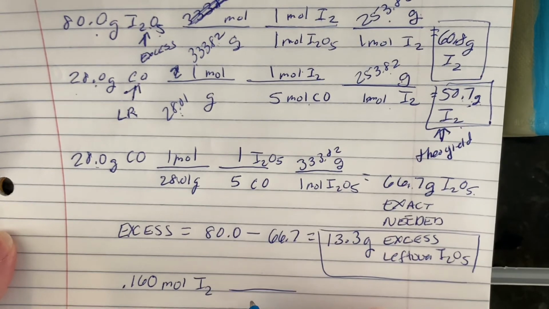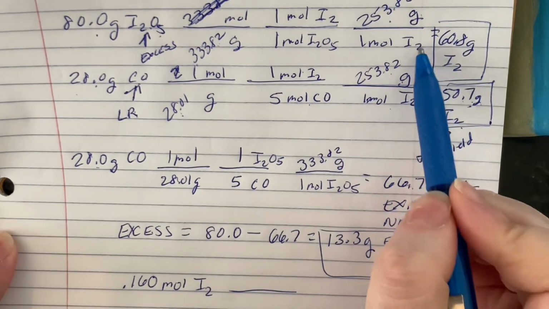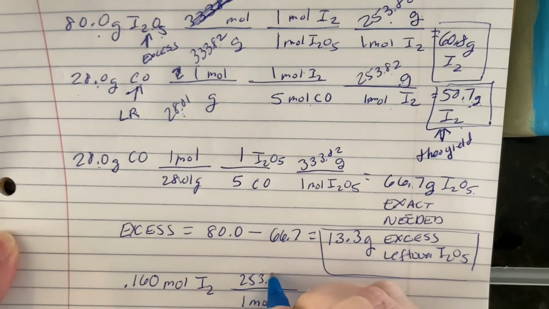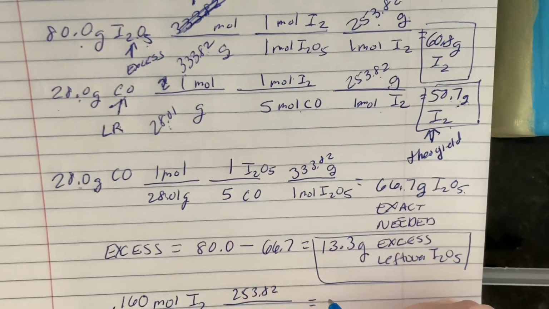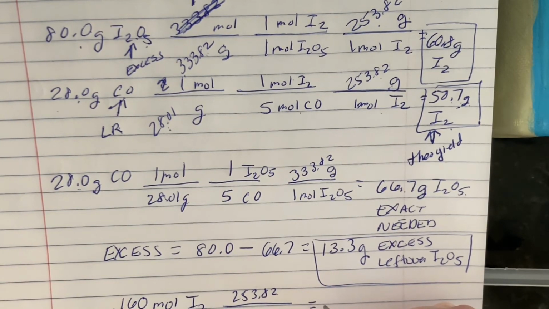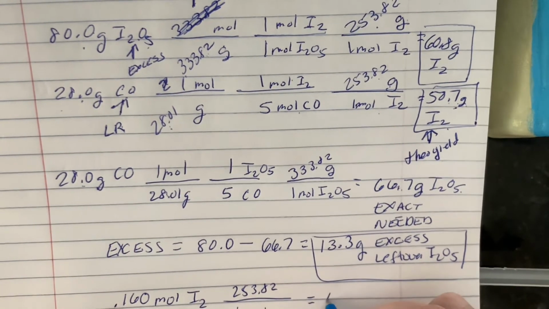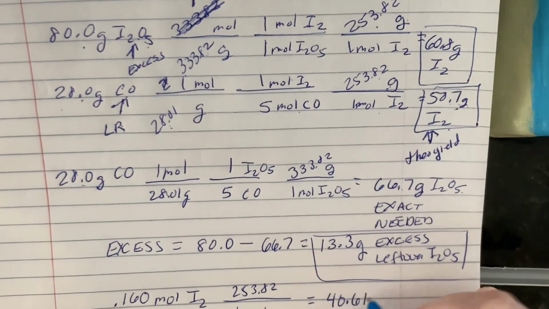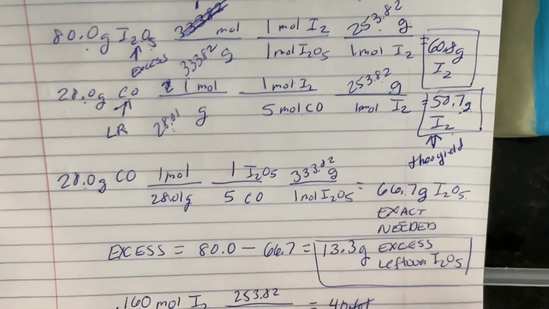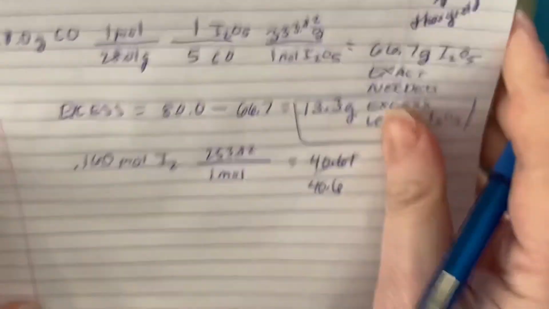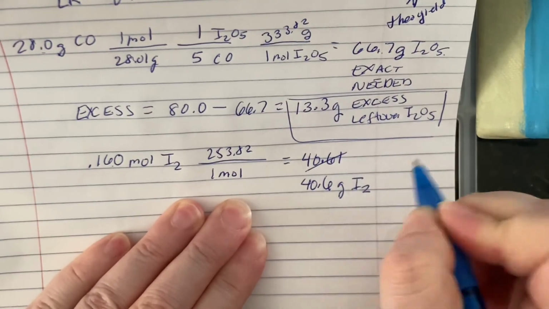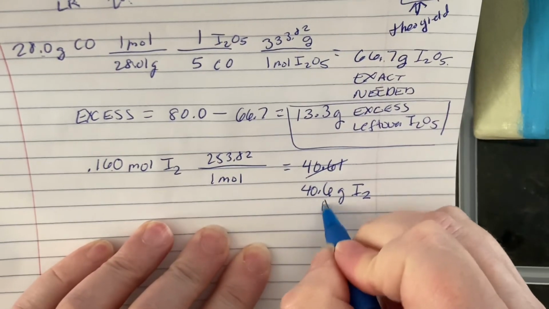Let me change that into grams. 0.16 times 253.82 gives me 40.61, oops, just 3 sig figs, 40.6. So 40.6 grams of I2. That's what the lab gave me.